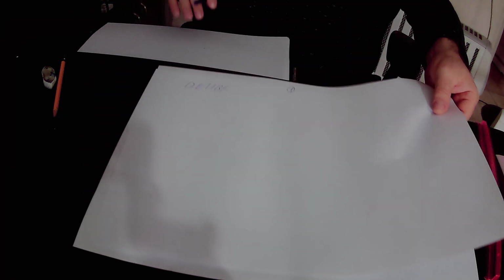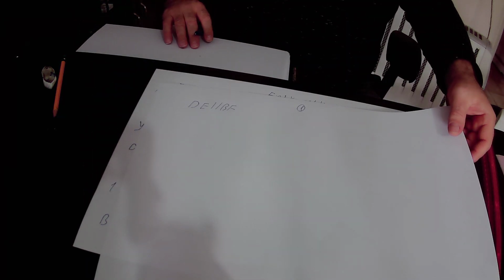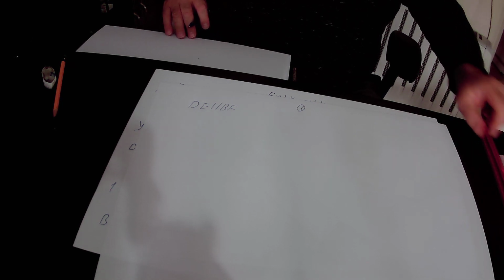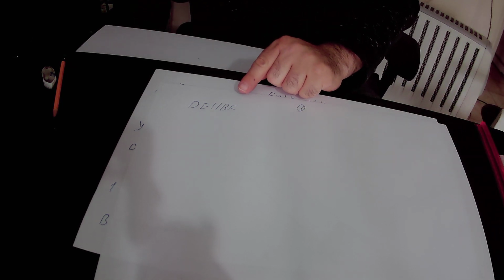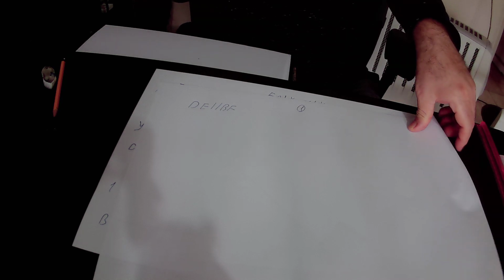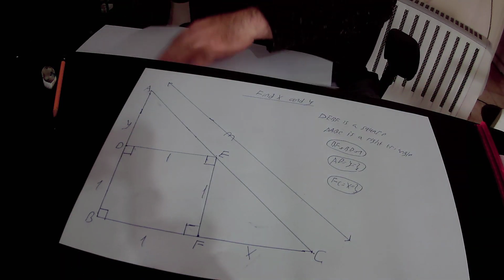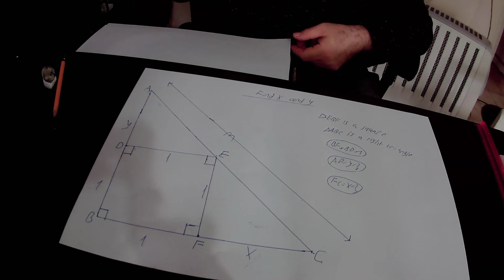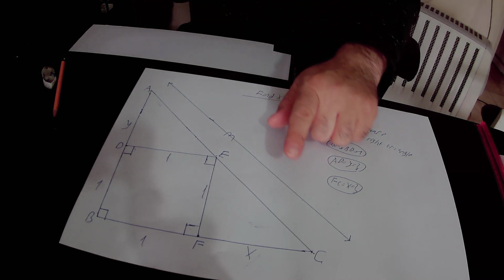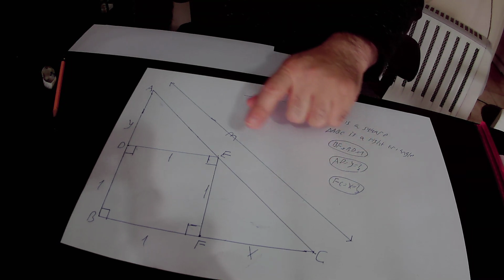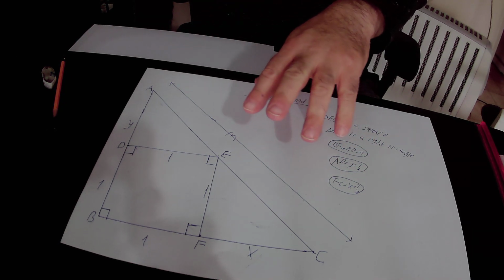I'll repeat it again. The opposite sides of a square are parallel to each other. That is to say, DE is parallel to BF, and we also know that BC is one side of the right triangle ABC.